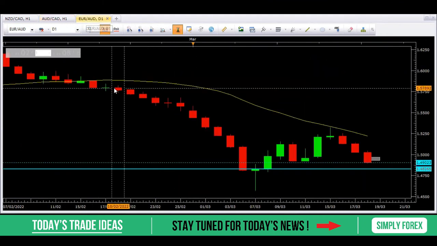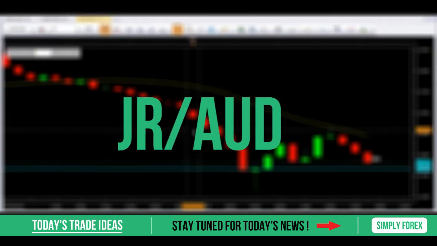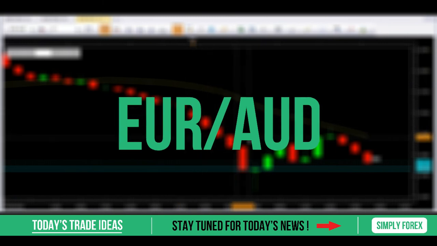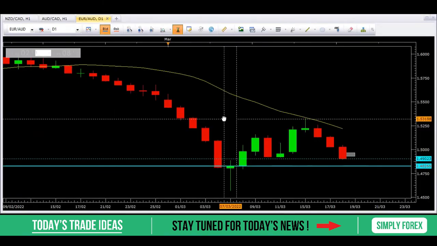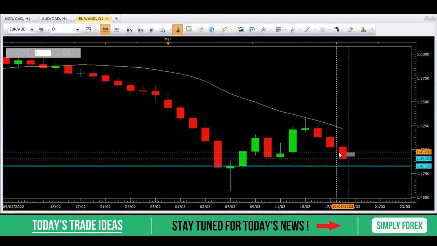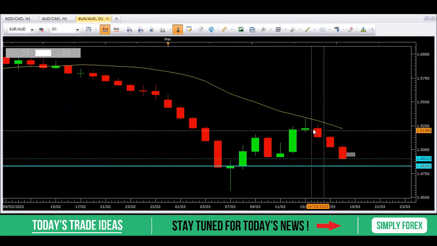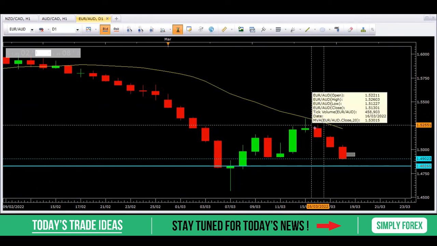And the last one for today, guys, is the euro against the Aussie dollar. And we're looking to short this market. Okay, so similar trades from Friday. What gives me the confidence about this trade, guys, is we've had 3 negative days, okay, 3 bearish candles, and price on Friday broke this low here.